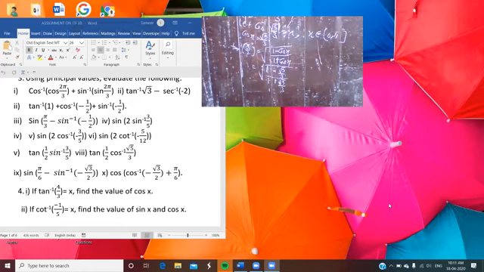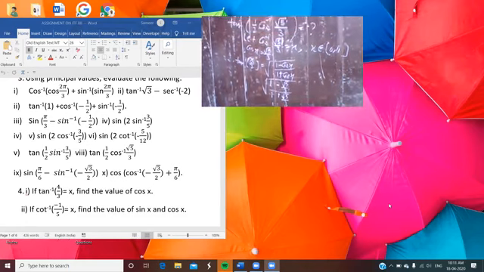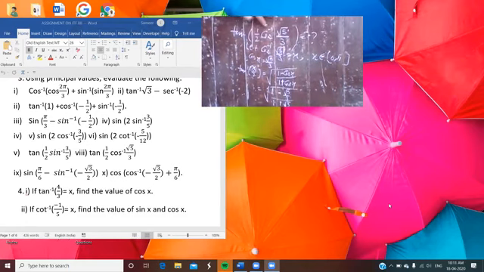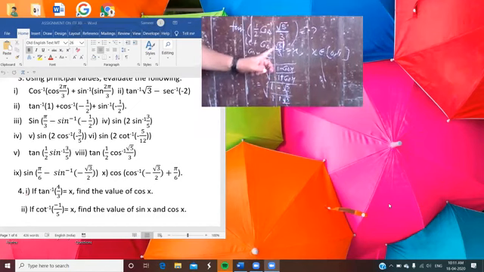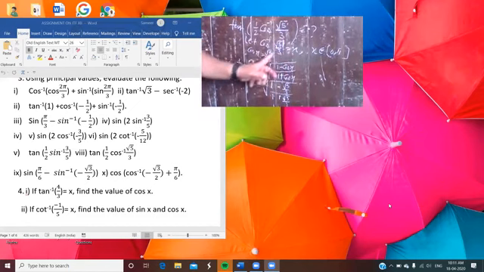Sir, why have you taken tan x by 2? Okay, listen. Here you assume cos inverse root 5 by 3 is x, and you have to find the value of tan 1 by 2 cos inverse root 5 by 3. Assuming it as x, you find the value of cos x here.